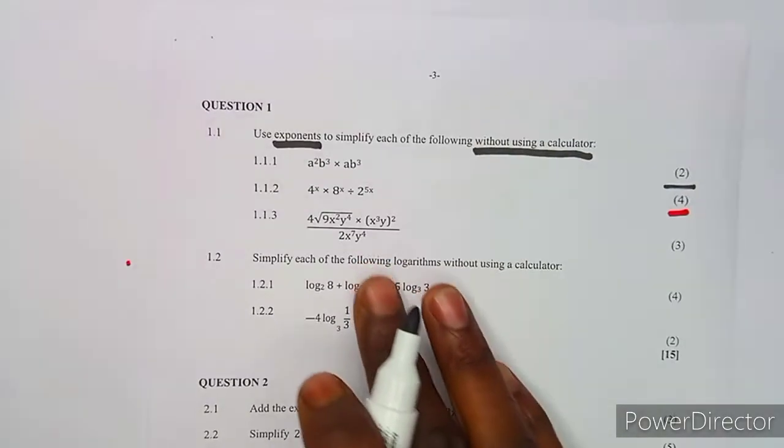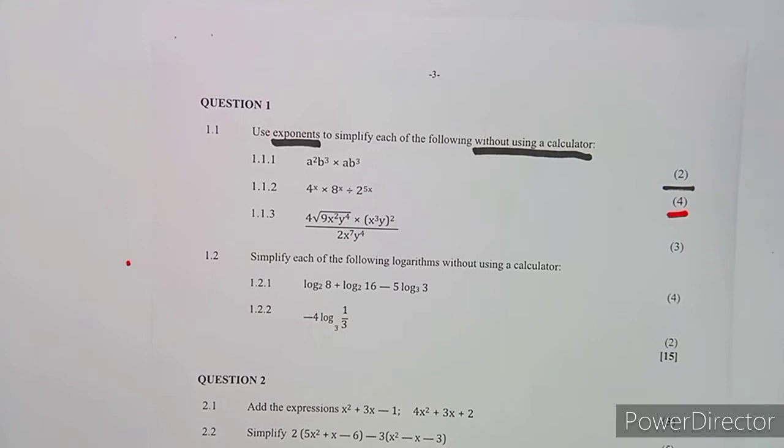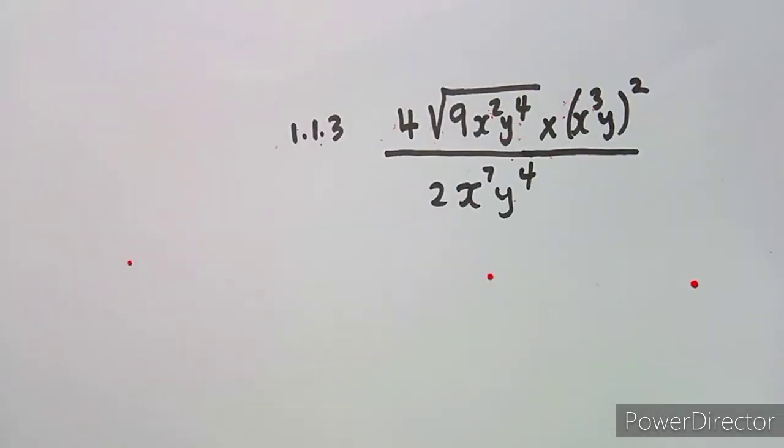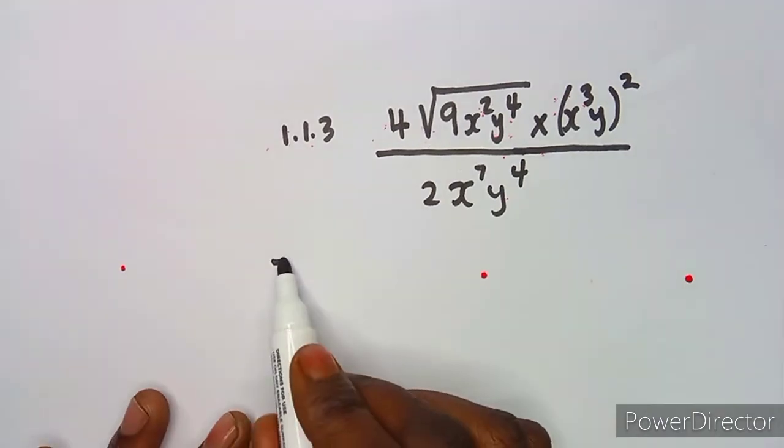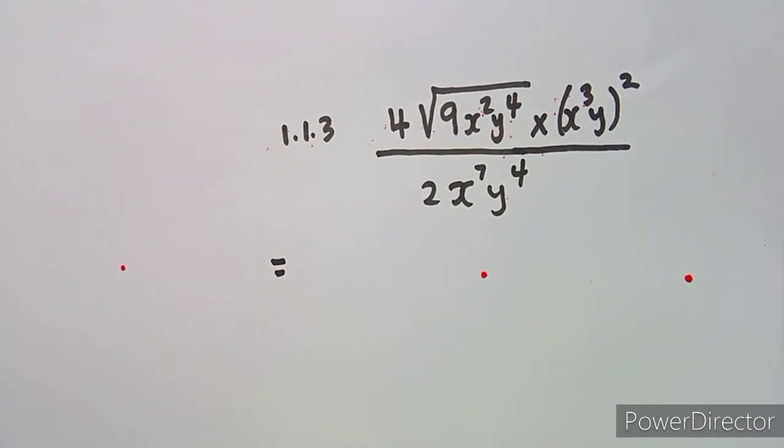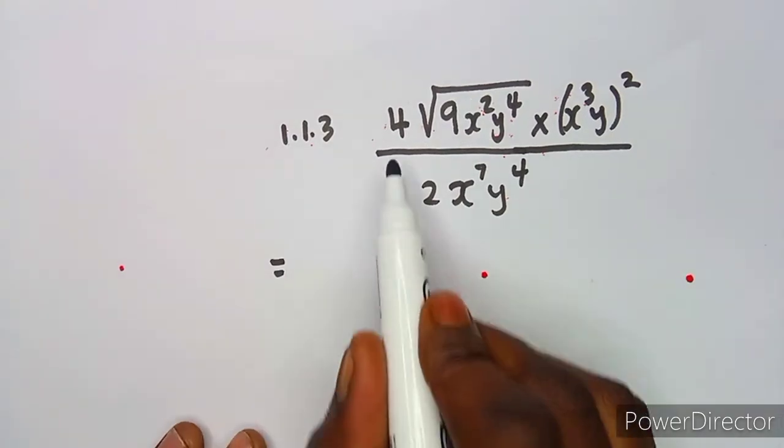Then this is over 2x to the exponent of 7, y to the exponent of 4, like this. And you've got 3 marks, as you can see, guys. That is the question that we are given there. All right, so whenever you are given to simplify this, let's work on the square root first, because as we can see, the 4 there is actually outside of the square root.